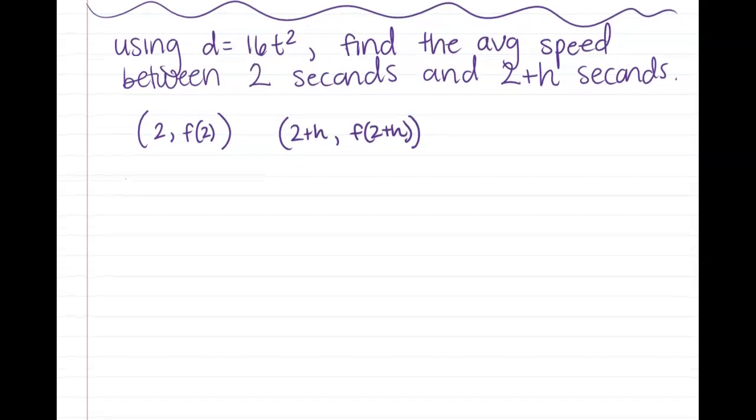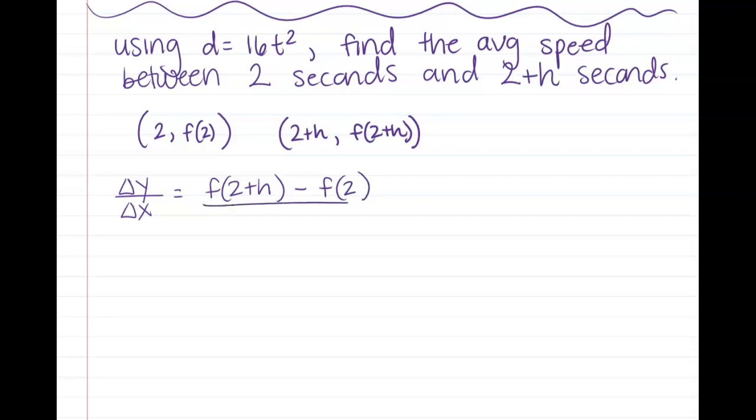So now it's just slope, change in y over change in x. So our y2 minus our y1, so we have f of 2 plus h minus f of 2 over 2 plus h minus 2. Okay.